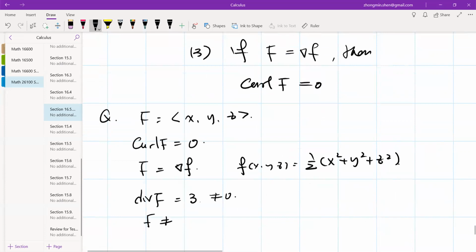So this is not the curl of any vector field G.